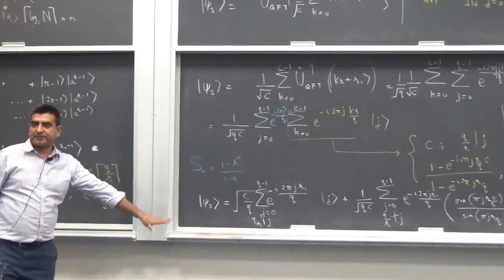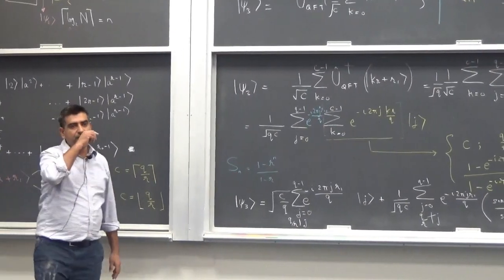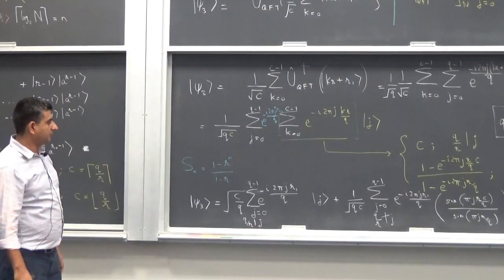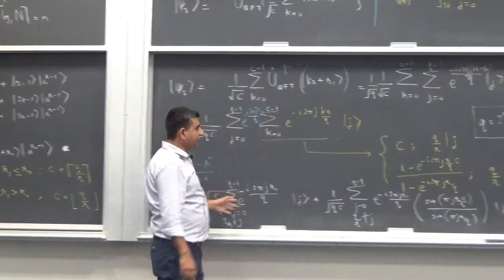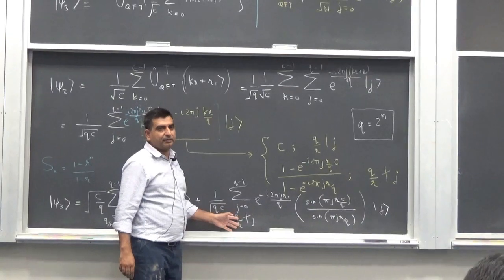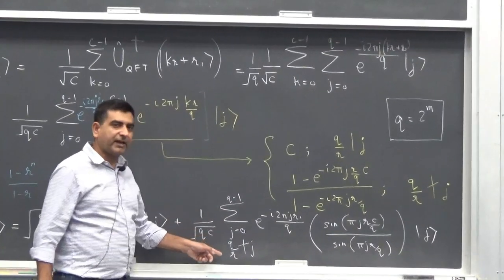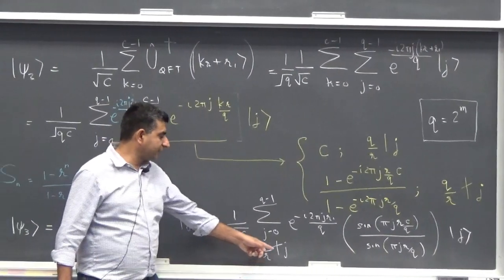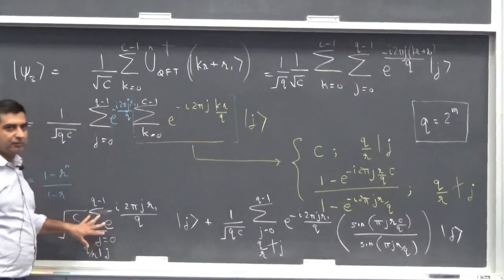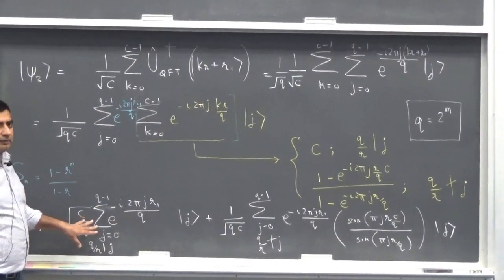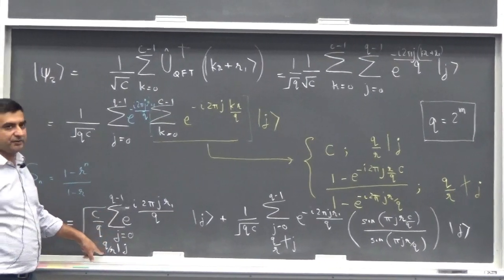So any questions up to this point? Yes, please. Why have you added the two cases, when q by r divides j and when it does not? So when either this condition is met or this condition is met. Yes. So this summation is valid when q over r is not a divisor of j. So you take this term, then this term goes to 0. So this is a conditional summation.